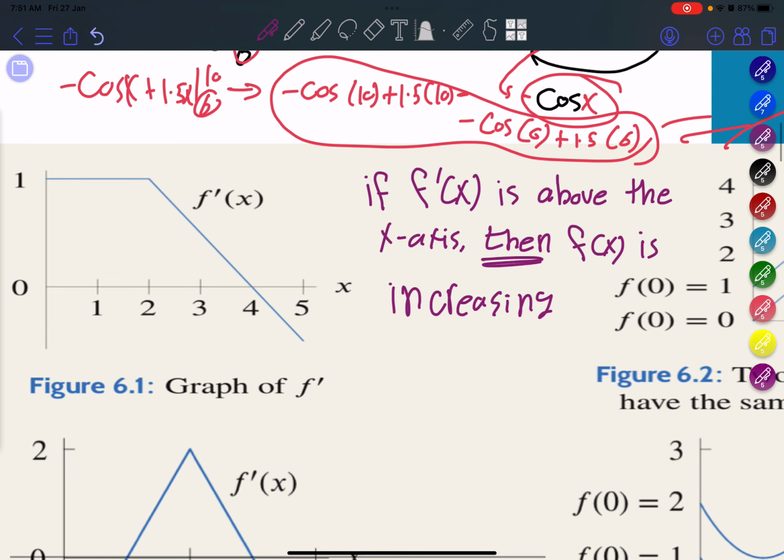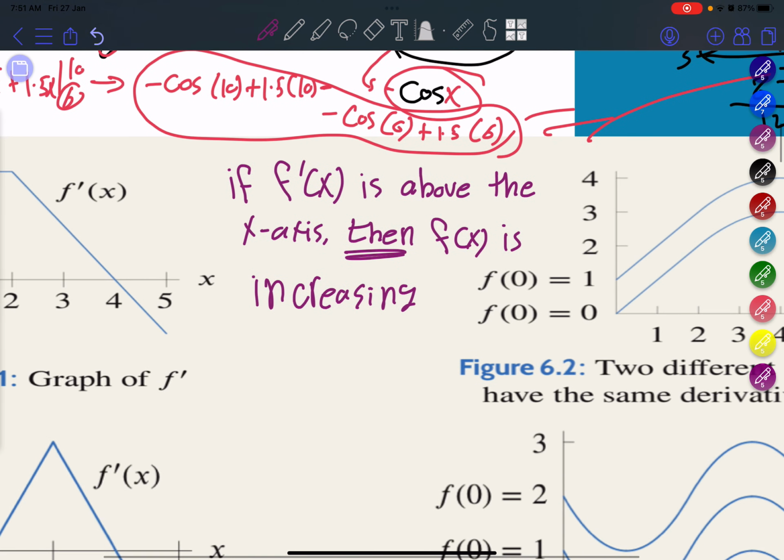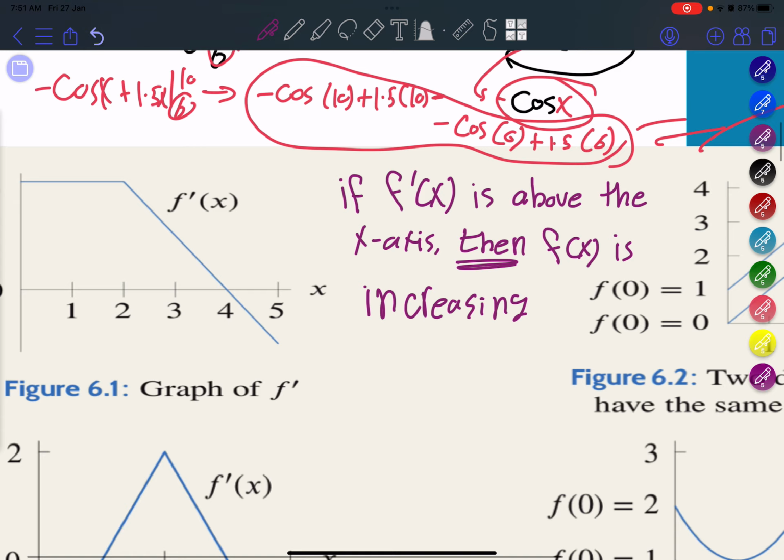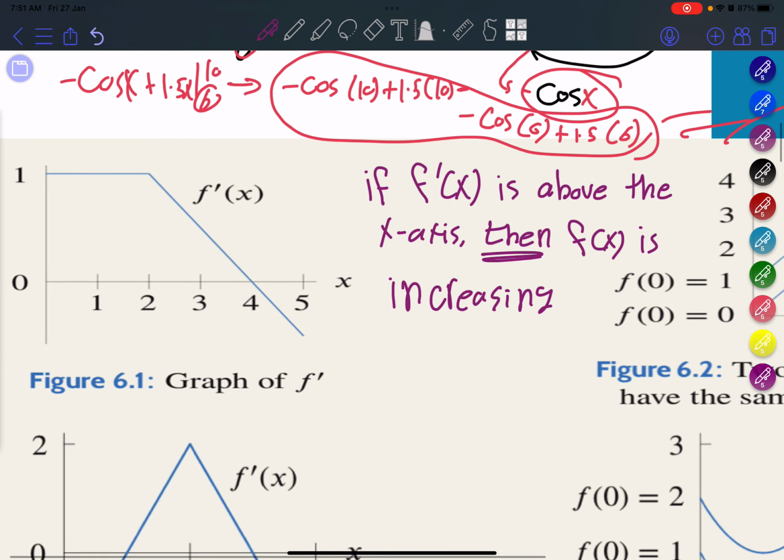Let's take an example. We see that the function f prime of x is above the x-axis from 0 to 4. Hence the original function f of x should be increasing the entire time until the point 4, and only at 4 it should start decreasing.